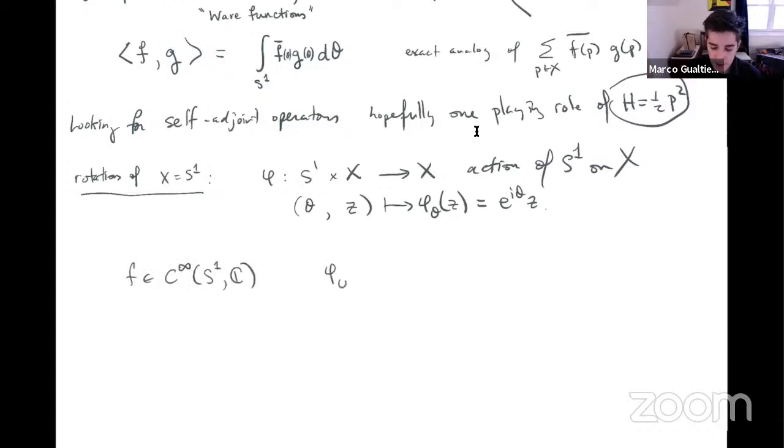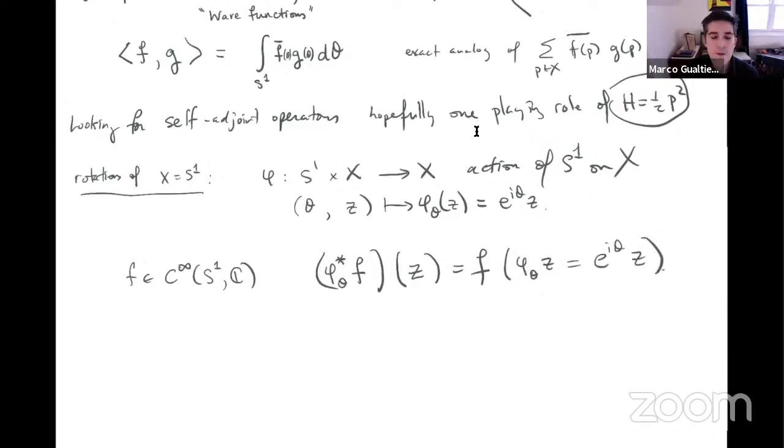Then I can naturally act on this function to get another one, whose value at z is, by definition, the value of the function at a shifted argument.